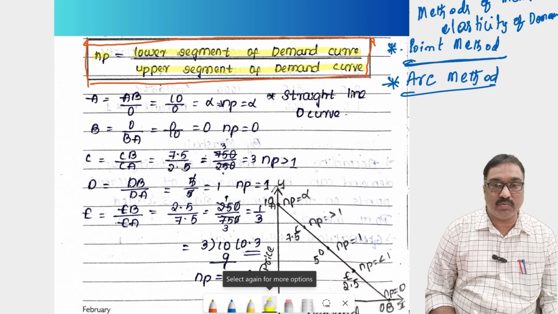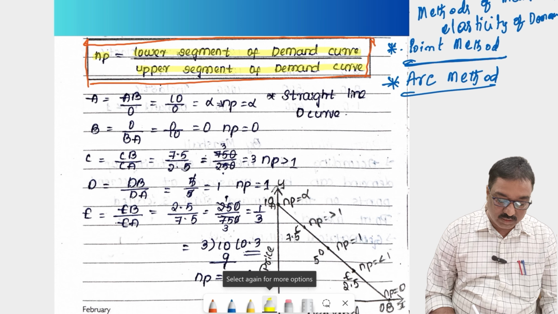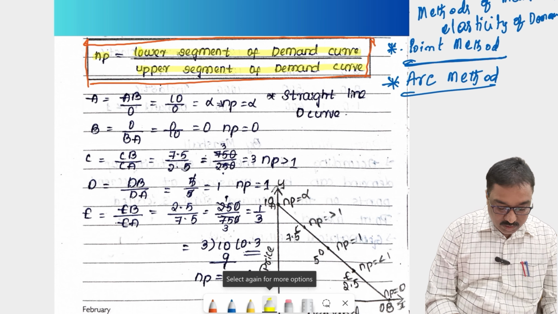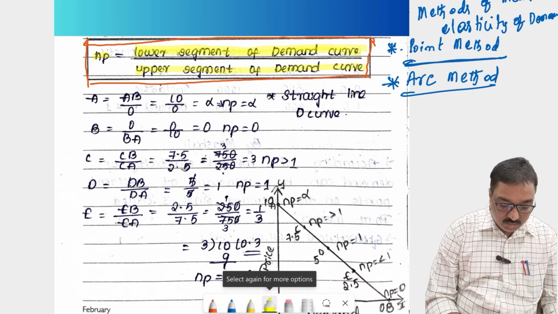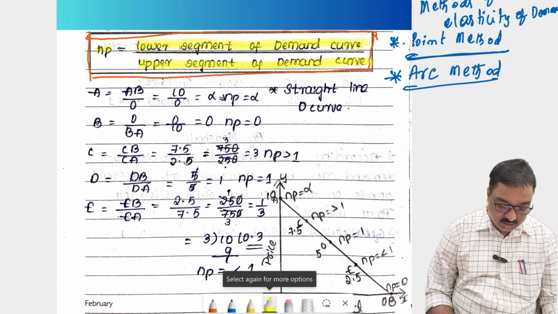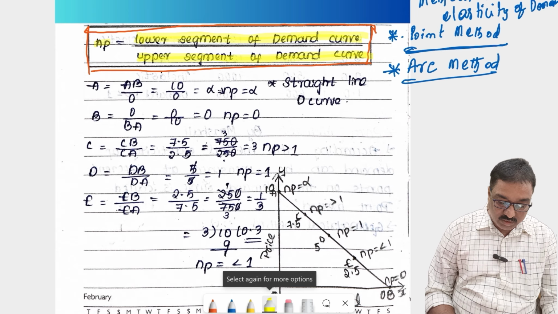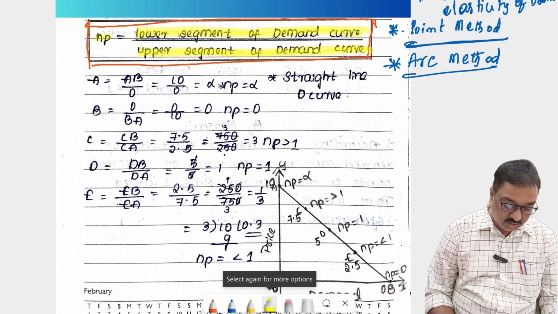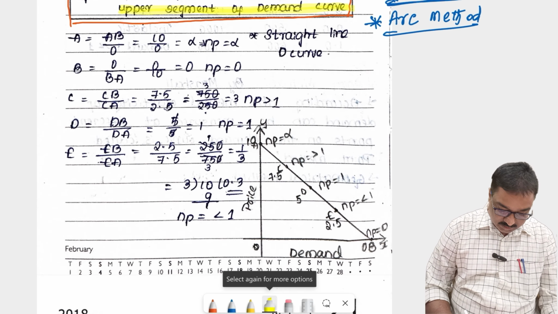This is the one formula to measure price elasticity of demand according to the point method.